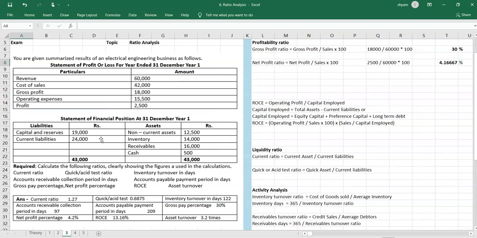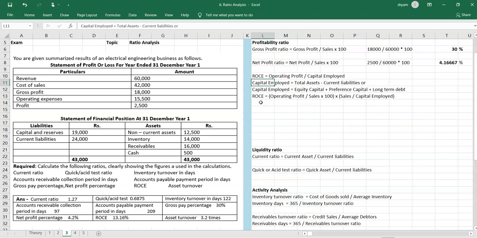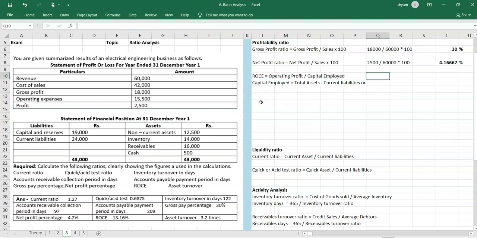So we can use this itself as the net profit. So the next one to find out is ROCE. So ROCE, we know what is the operating profit. Okay, so we'll take this as operating profit as well as a net profit because there is no other data clearly given. So we just have to find out the capital employed.